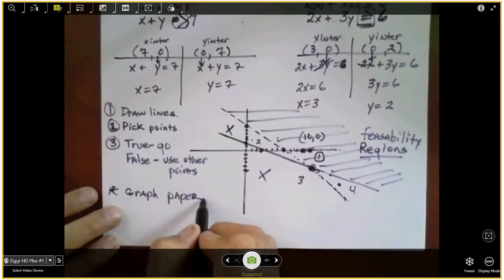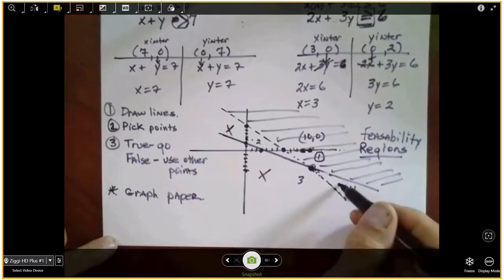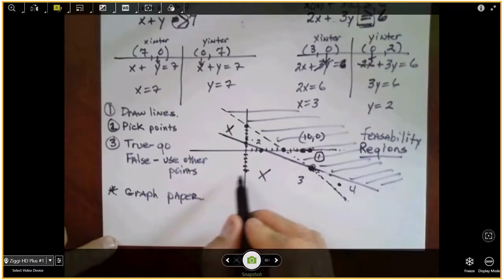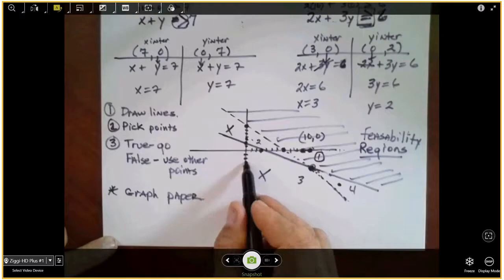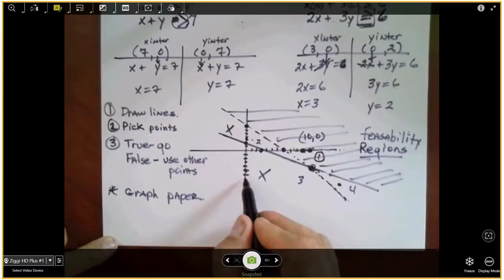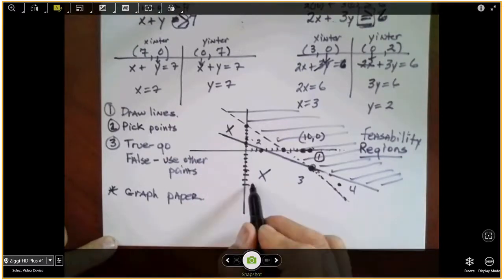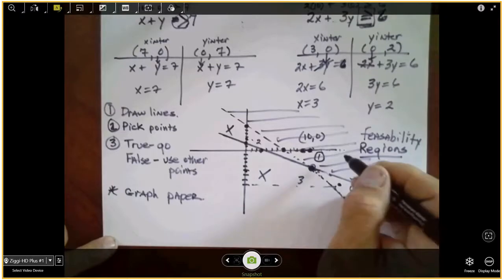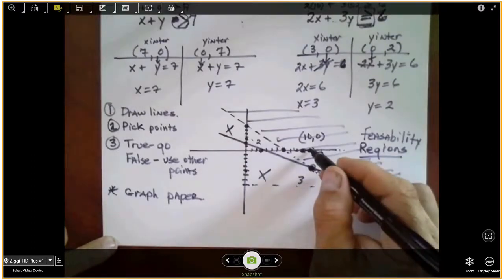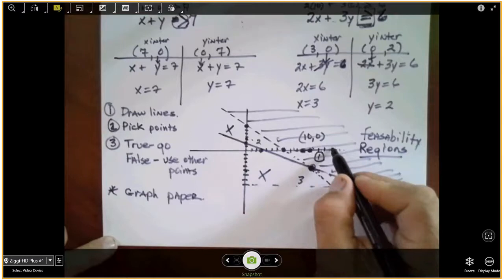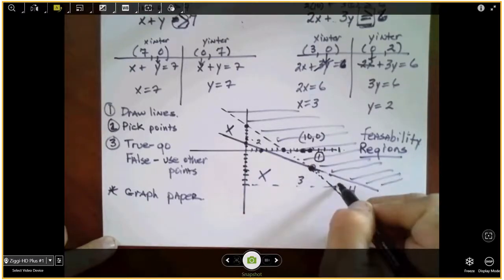Because if you don't have graph paper, you don't know what these points are. That's 1, 2, 3, 4, 5, 6, 7, 8. Maybe it's 8. And that's 11, 12, 13, 14, 15. 15 and 8.